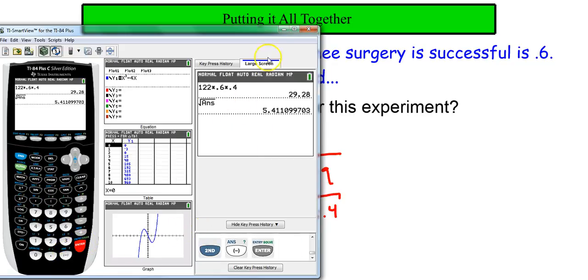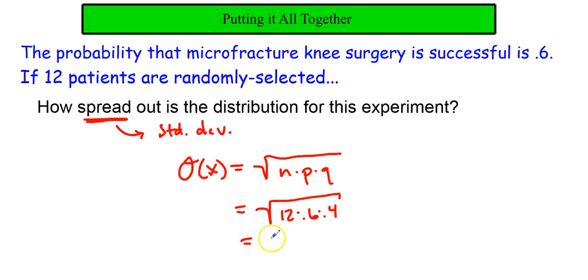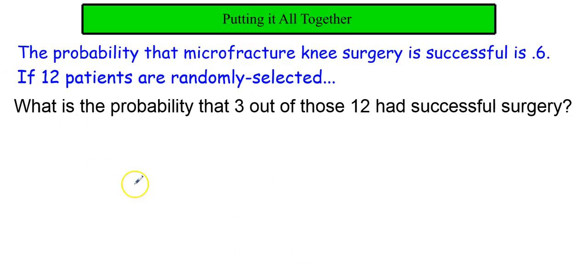That gives us 5.411 for the standard deviation. All right, so we now know where this thing's centered and how spread out it is. So now let's get into a couple specific calculations.